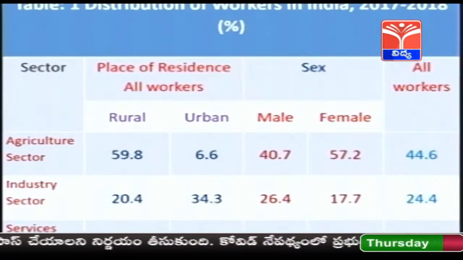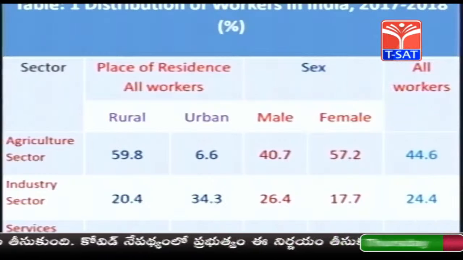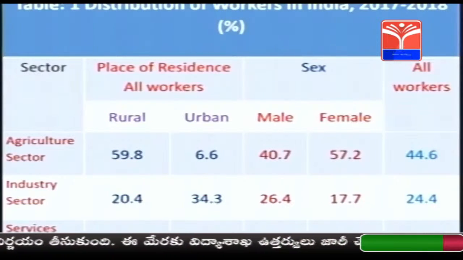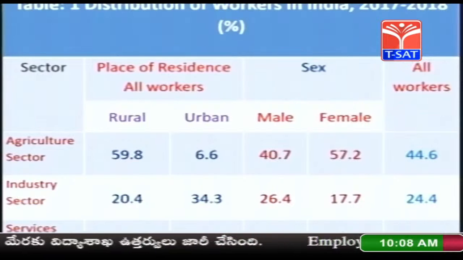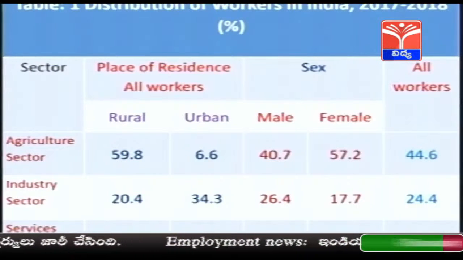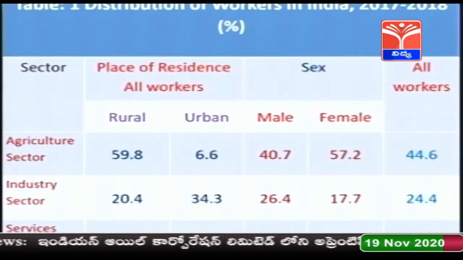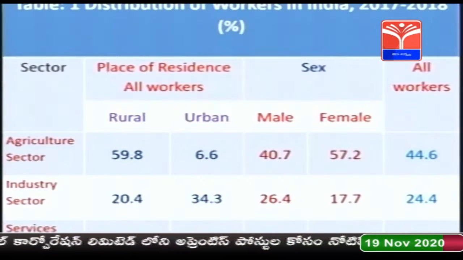In the service sector, a total of 31% of workers, female workers 25.2% and male workers 32.8%. Here the urban areas' contribution to employment in the service sector is greater.